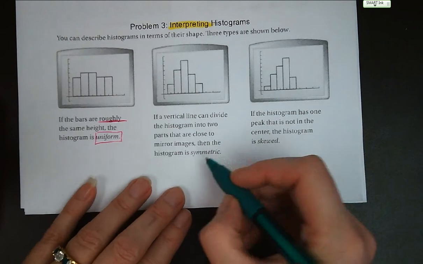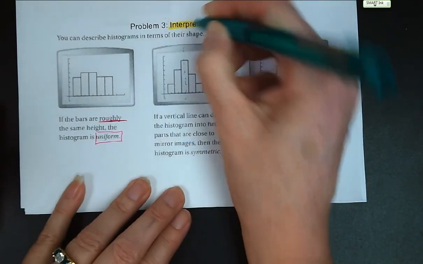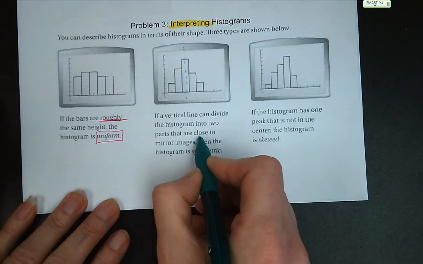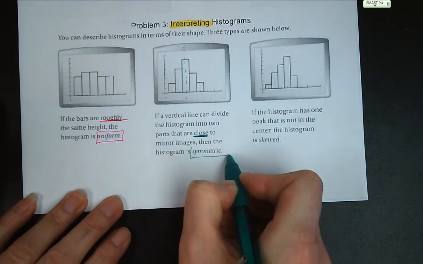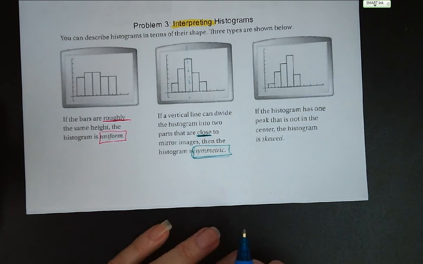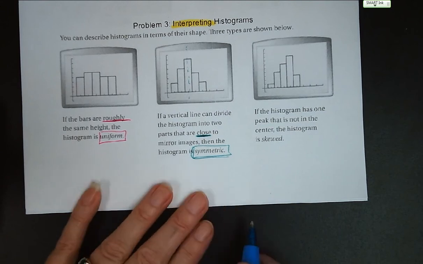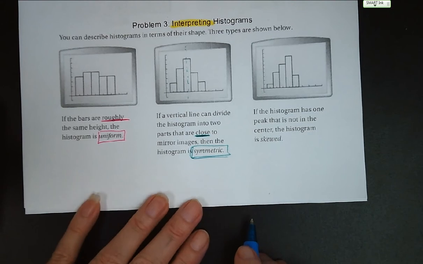The middle one there is if a vertical line can divide the histogram into two even parts that are mirror images or pretty close to it, then we call that symmetric. So if you have ever heard of the bell curve in terms of scores or intelligence or whatever, the bell curve is a symmetric histogram. Okay.